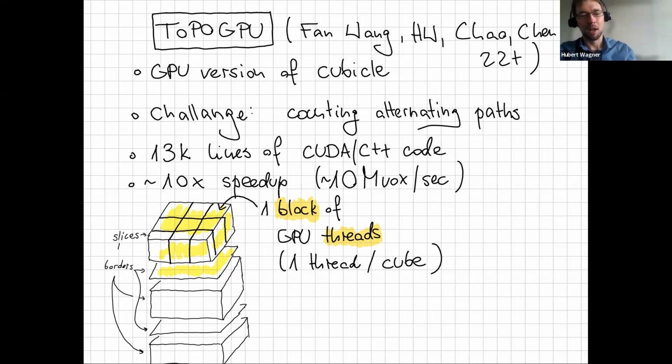So you have to really express your computations so that they do exactly the same operation on many of those cubes. And many of the pieces of this computation can be done efficiently and easily in this way. The main challenge was to count those alternating paths in an efficient way.